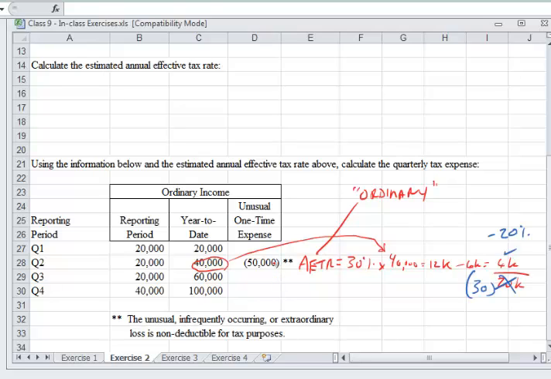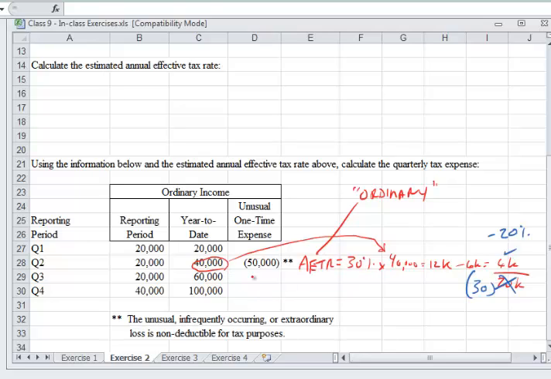Okay, so what's my provision for Q3? How do I do it? When I get to Q3, it's September, I have to calculate my annual effective tax rate. What do we think it is? So you multiply 60,000 by the rate, which gives 18,000.